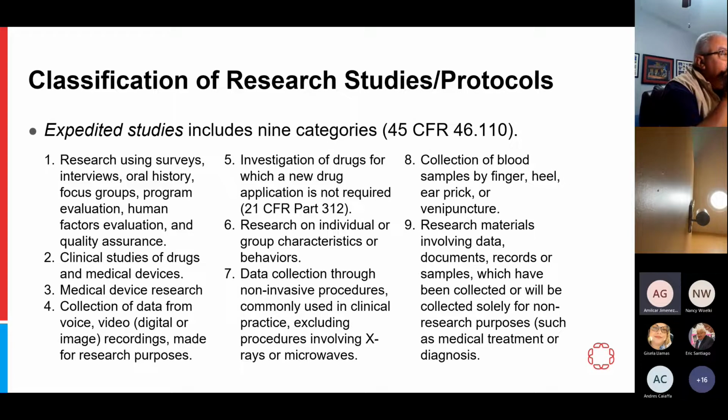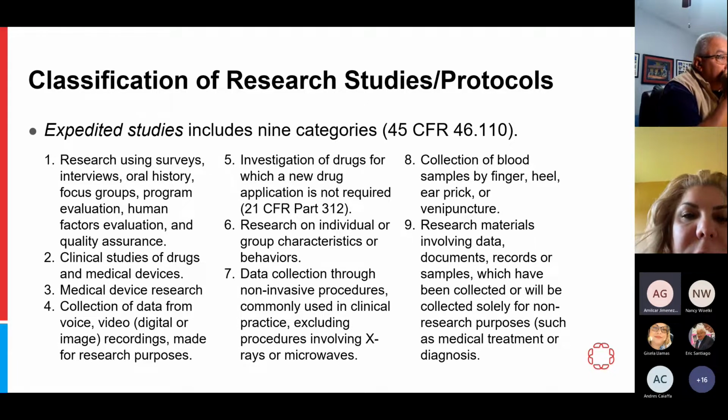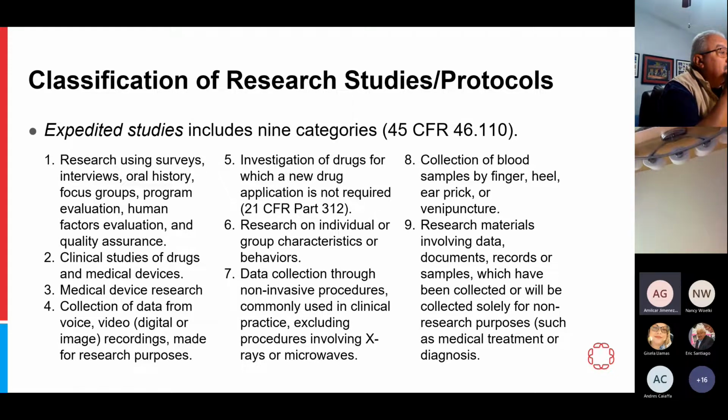Within the expedited studies, the Code of Federal Regulations has included 9 categories. The first one is research using survey interviews or oral history, focus group, program evaluation, human factor evaluation, and quality assurance.